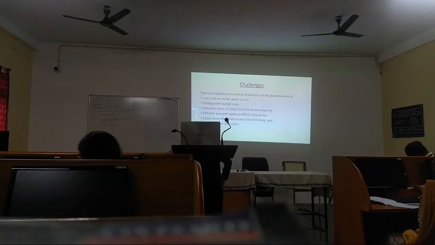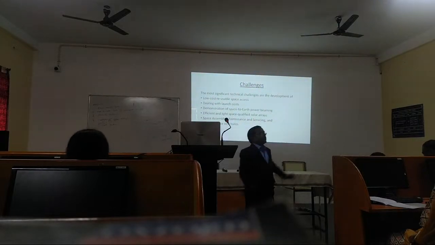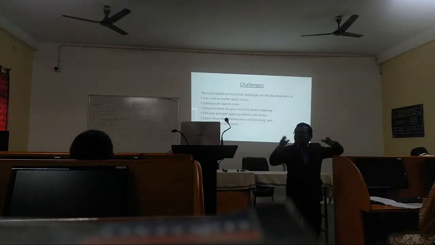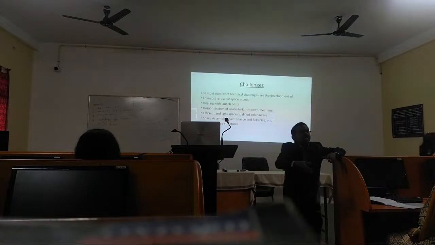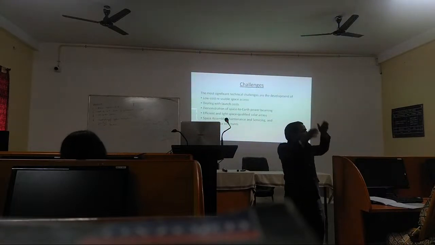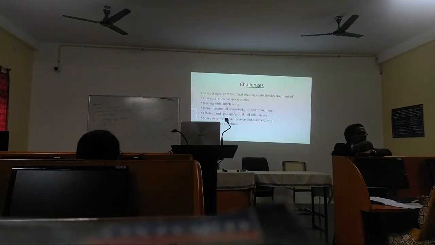A laser beam comes from space to earth, so safety should be doubly ensured. For example, you have to declare the zone as a red zone. Wherever you are transferring the laser beam from space to the rectenna, that zone you have to declare as a red zone. Why? Because it is a restricted area.